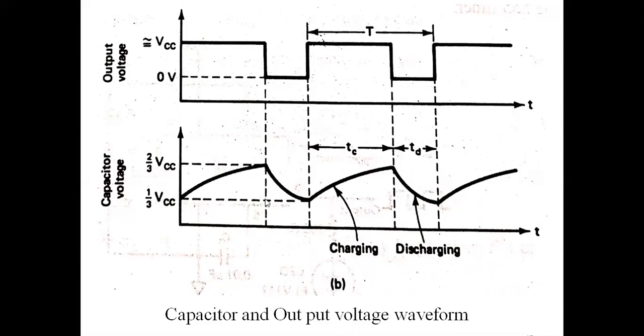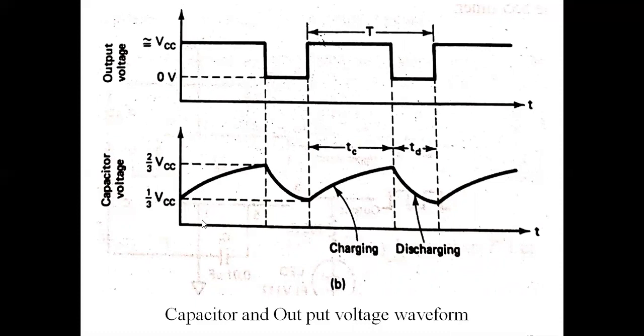As shown in this figure, the capacitor is periodically charged and discharged between 2/3 VCC and 1/3 VCC respectively.